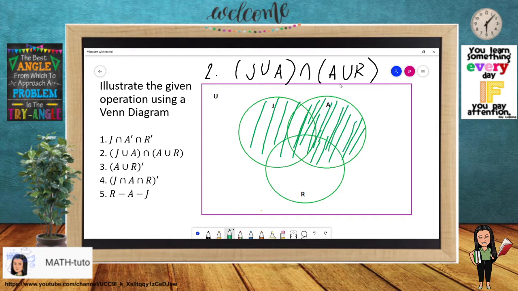And then, AR, union naman, gamit tayo ng ibang color, A and R, ito namang part na to. Intersection, ang maiiwan na part ay yung may parehong green and blue. Ito ay tanggalin na natin.